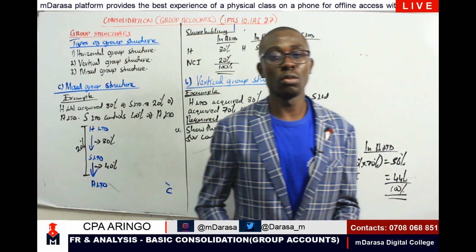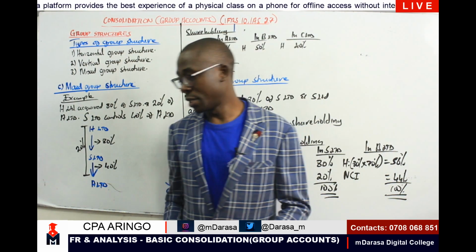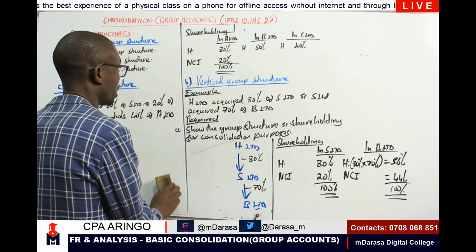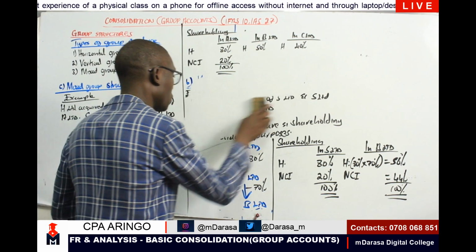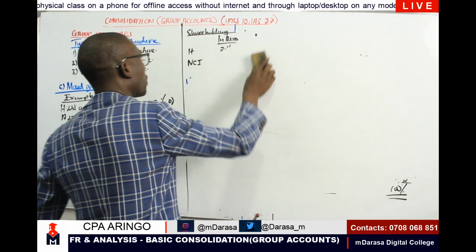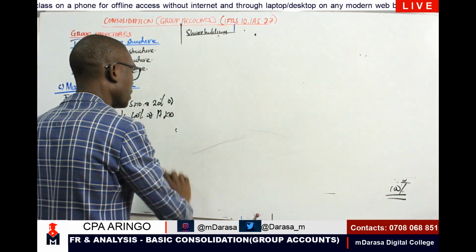Now, the big question will be, what about our shareholding? My good students, to look at our shareholding, that again will be very simple. I want us to open our mind wide clearly on this.